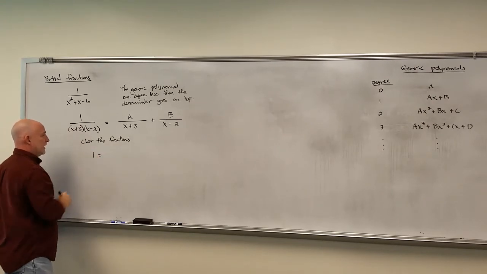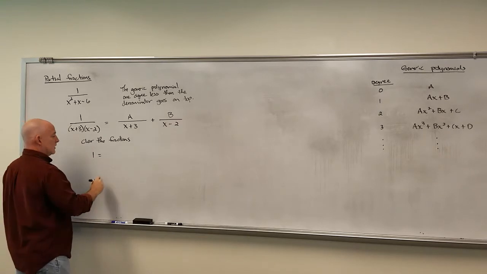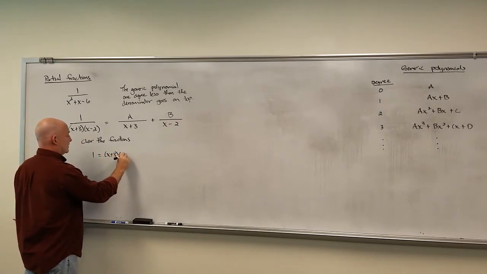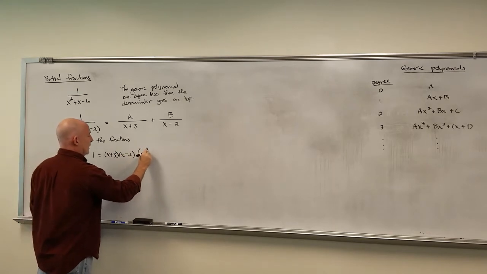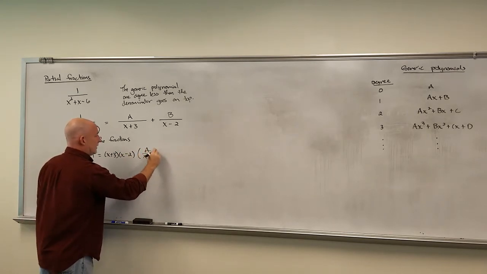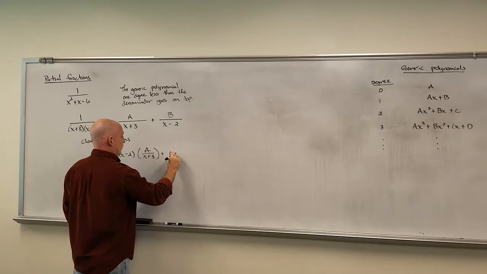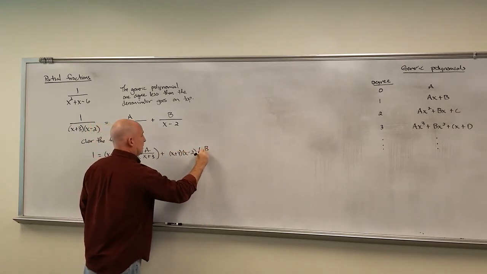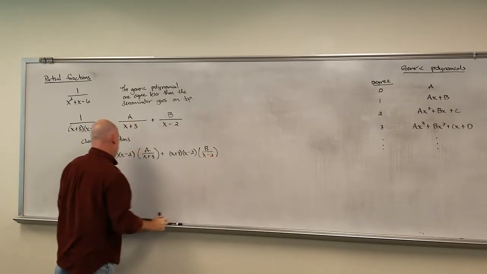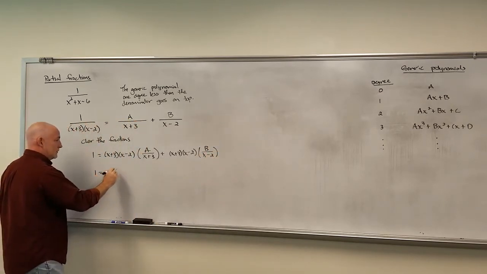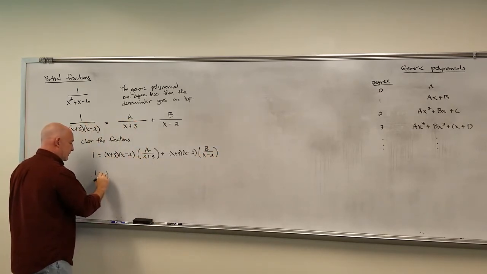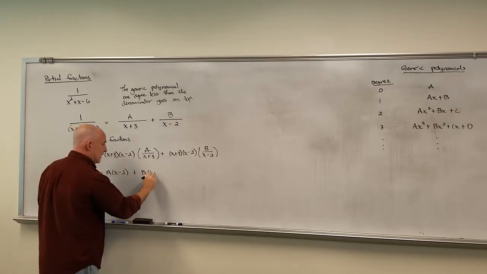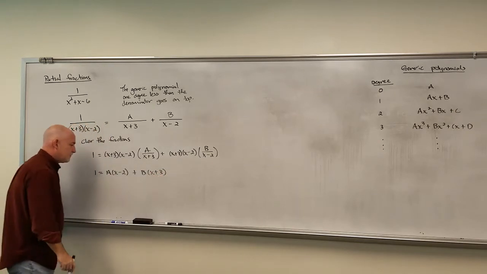Well, on that side, it's just going to clear the fractions. On this side, I'm going to have x plus 3, x minus 2 times a over x plus 3, plus x plus 3, x minus 2 times b over x minus 2. Or that's going to be, let's see, the x plus 3's cancel, and I have a times x minus 2 plus b times x plus 3.